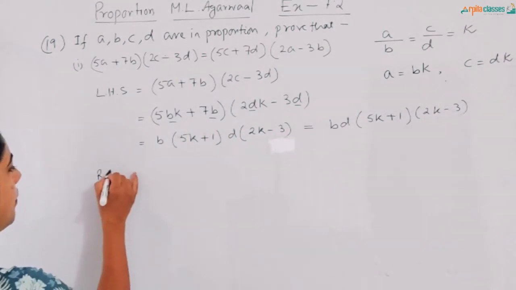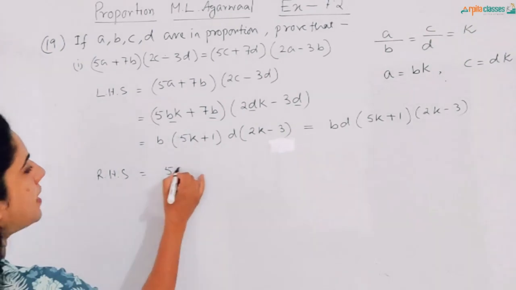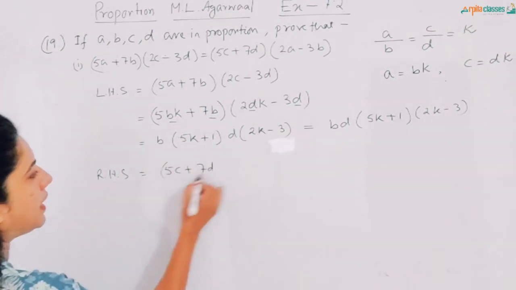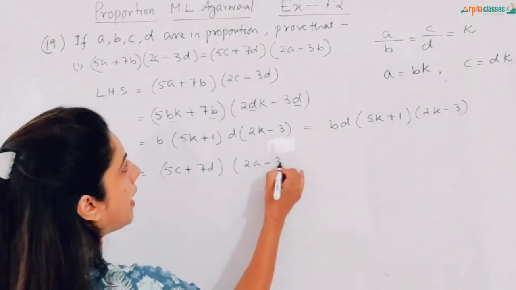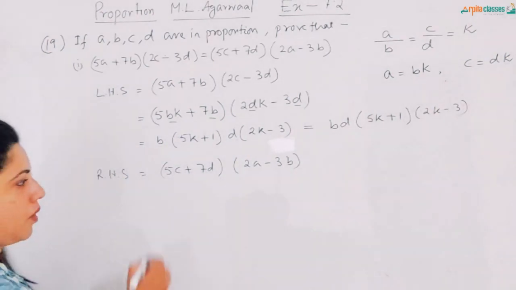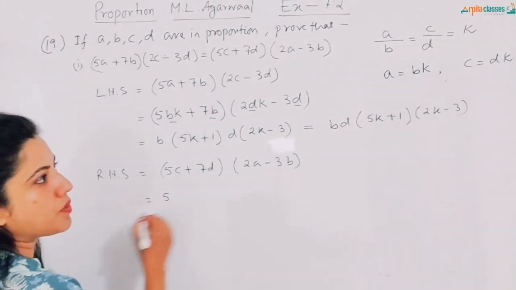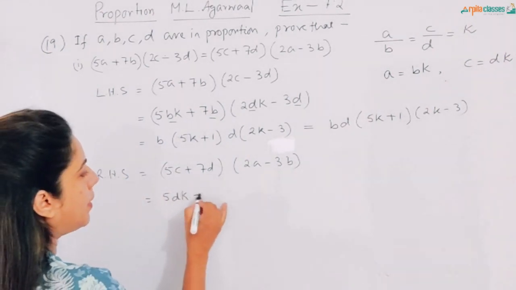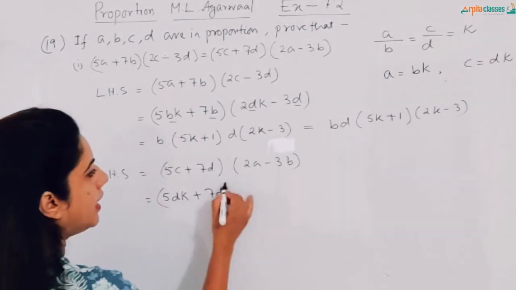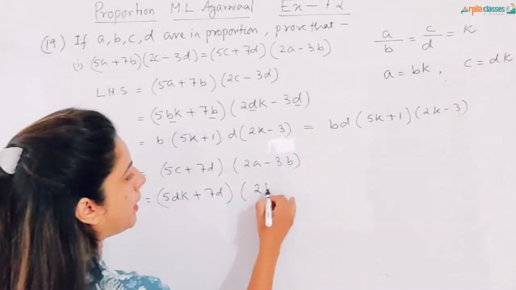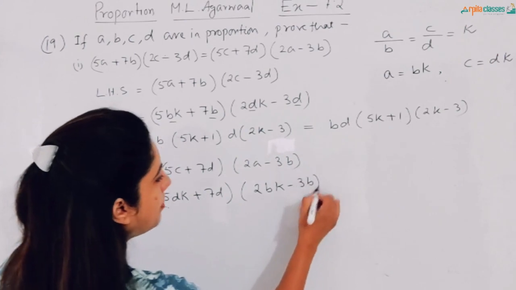Now let us take the right hand side. Right hand side is 5c plus 7d into 2a minus 3b. Now in place of c I am going to put dk, plus 7d. In place of a I am going to put bk, minus 3b.